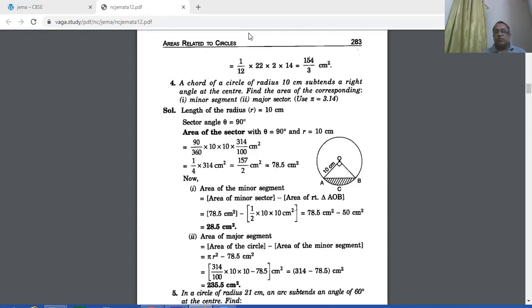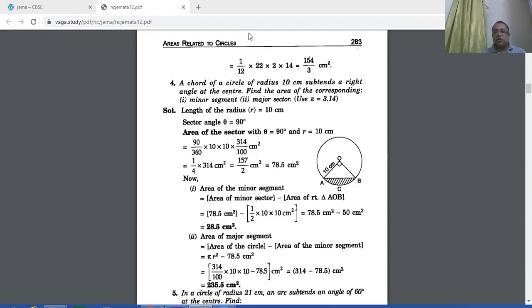So this is going to become 314 by 4, that is 157 by 2, and here we get 270 as 3 by 4, and 3.14 into 3, of course this 3 I missed out, so 314 into 3 upon 4. So this is 78.5 into 3.